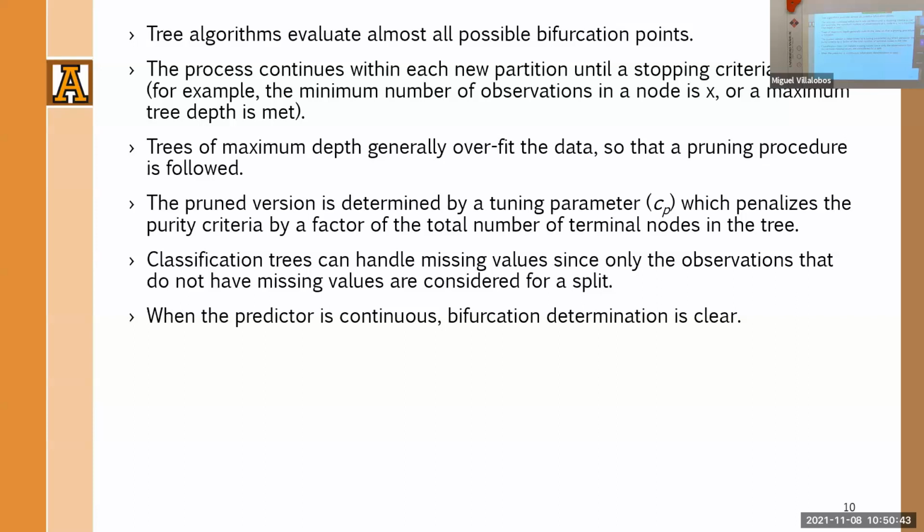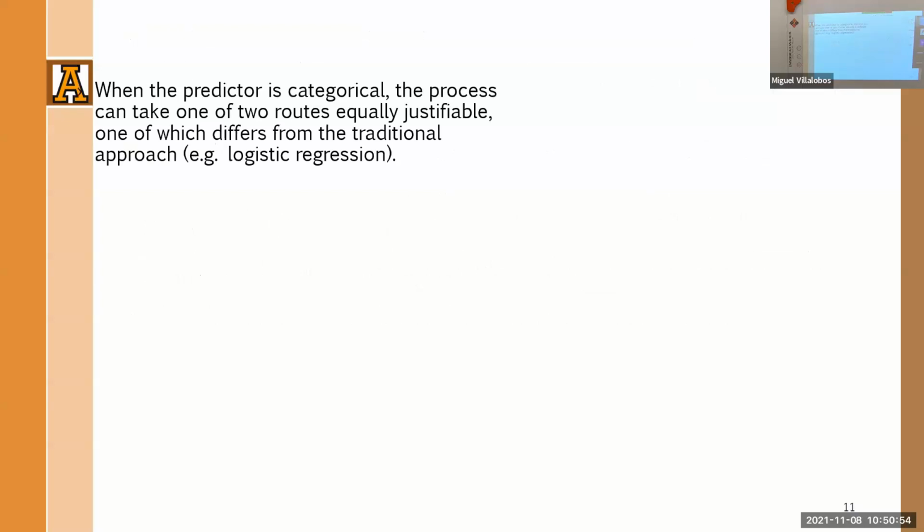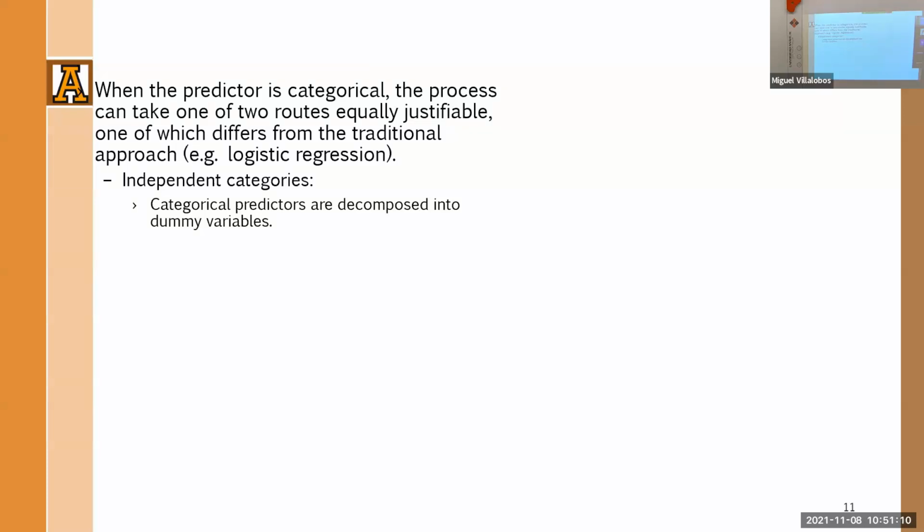But when they're categorical, there are two routes we can follow. We can handle them as a bunch of dummy variables, which is the approach that's used in logistic regression. And that is called independent categories. So if we assume that the categories are independent, then the categorical predictors are decomposed into dummy variables.